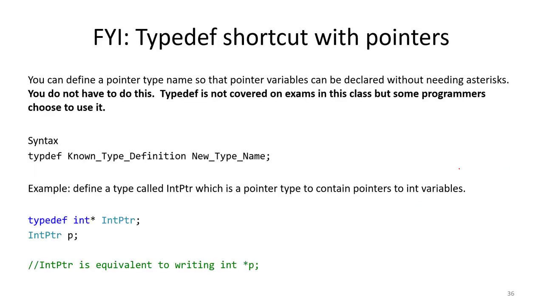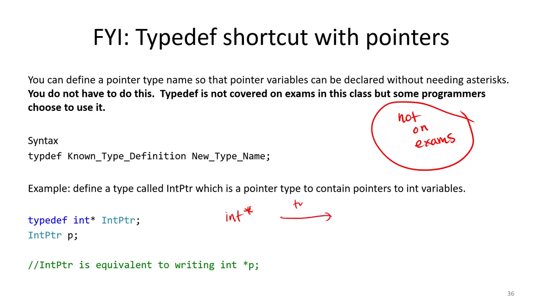Here's one other thing you should know about when working with dynamic arrays. This is not going to be covered on exams, but I do think it's good for you to know about this thing called typedef. Some programmers like to use a typedef as a shortcut when defining different kinds of variables. For example, if I don't want to write int star when declaring a pointer of int type, I can use a typedef.